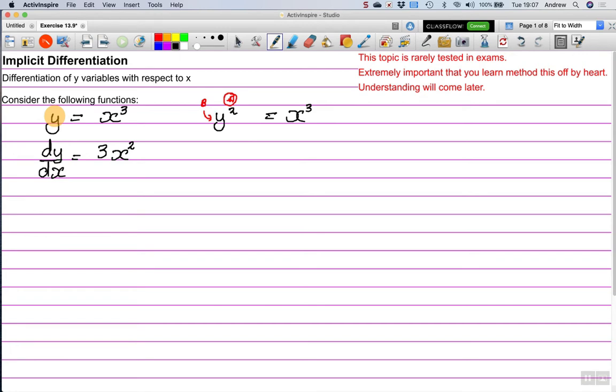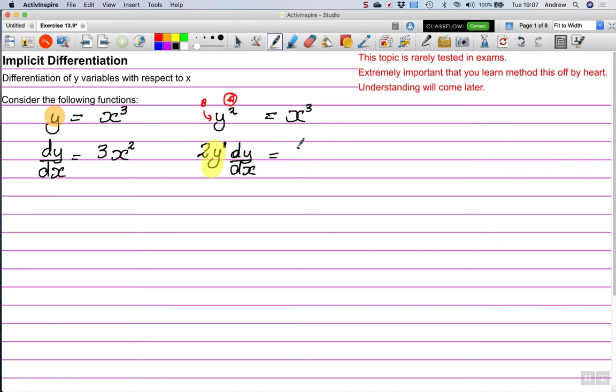So when I differentiate this, I multiply by the power and put the power down 1, and then I multiply by the differential of what's inside, which is the y, and the differential of y is dy/dx.